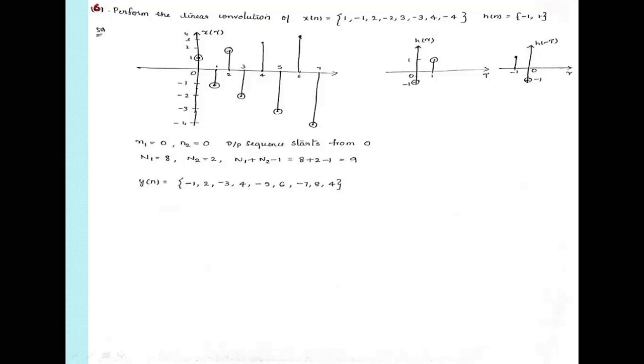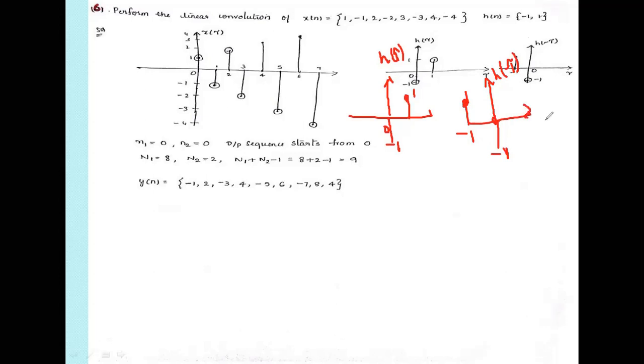What you have to do? Only the shifting occurs in the h values. In the given h, 0 is minus 1 and 1 is 1. H of tau is equal to h of minus tau, the folded function. So minus 1 becomes 1 and 0 is minus 1.